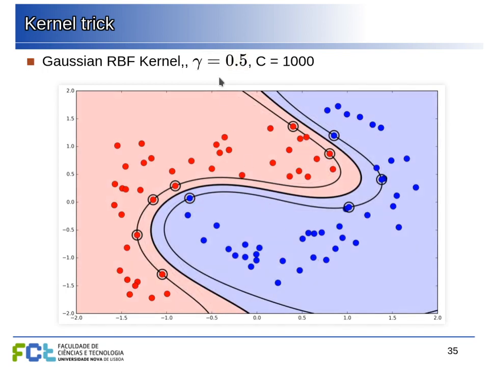So this way you can control how the margins behave and how the expansion is done implicitly by the support vector machine. And so by adjusting these parameters, you can adjust your classifier easily to any data set that you want. Of course, remember that there's always the problem of overfitting. So if you adjust too much to the training data, then you may lose the ability to generalize for other data, but that is a generic problem.